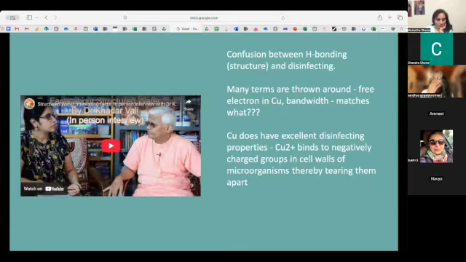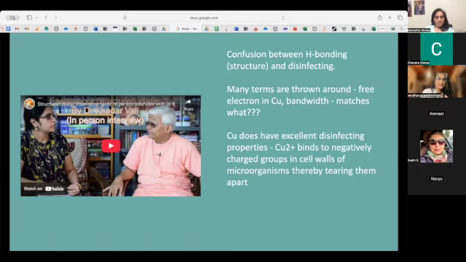It's also used in organic produce, where the fertilizer used is copper sulfate or something, because it's very good to prevent fungus and all those microorganisms.